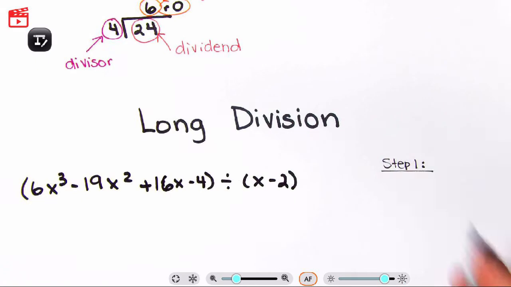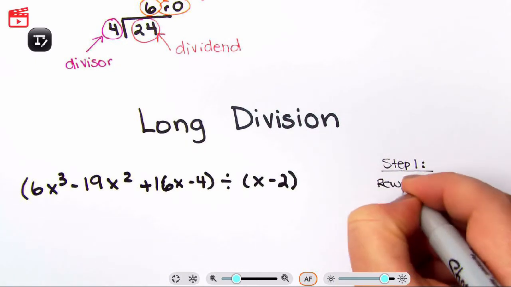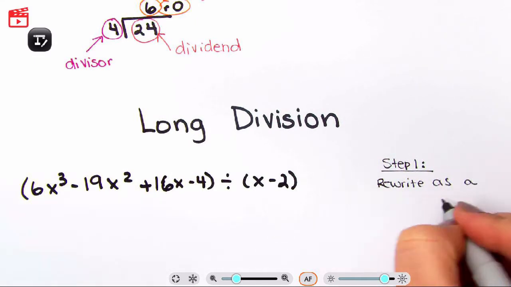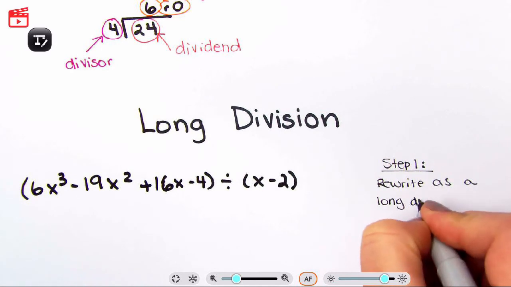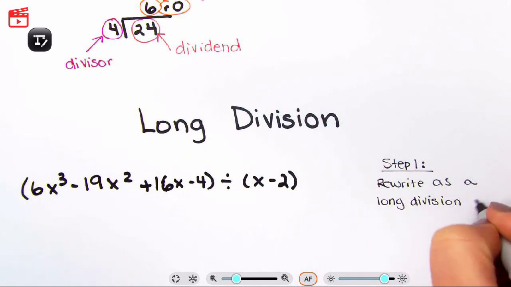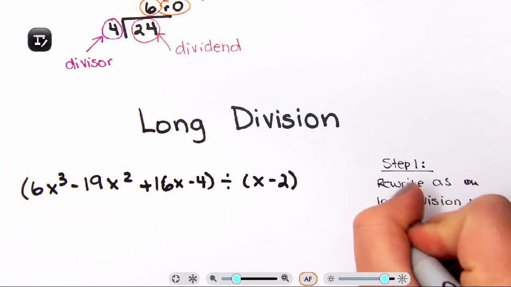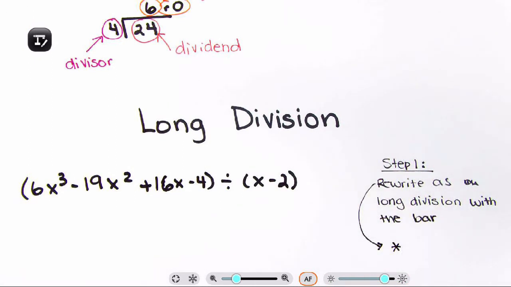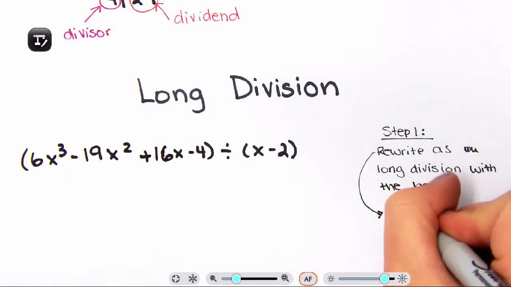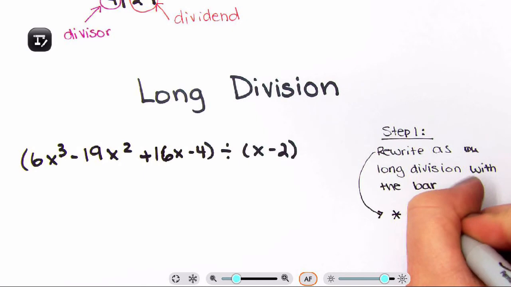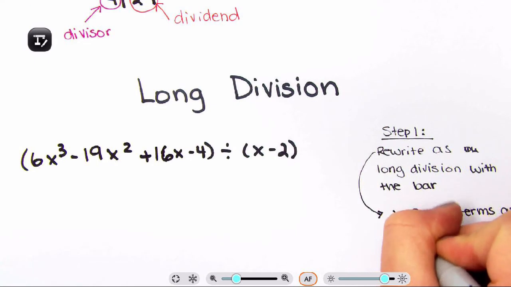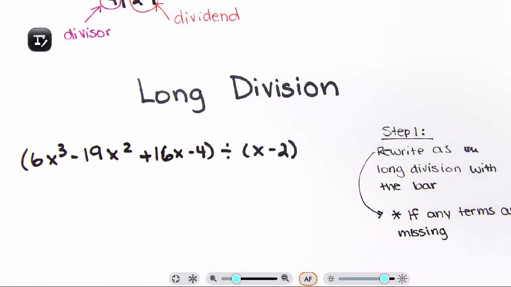You're going to rewrite this as a regular division problem with a bar. So rewrite as long division with the bar. Now, be careful when you rewrite. If any terms are missing, you need to put in a placeholder.